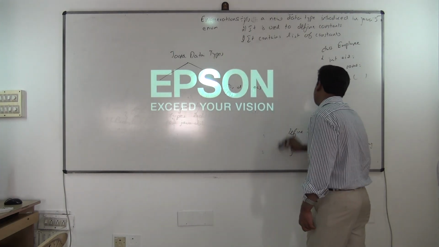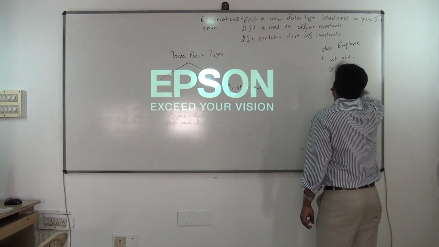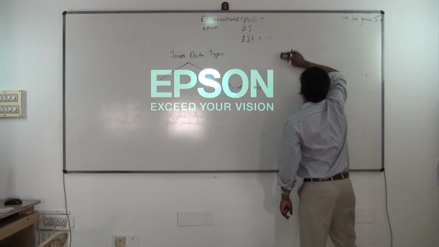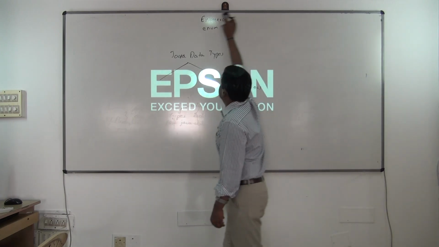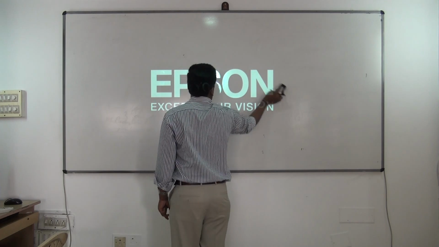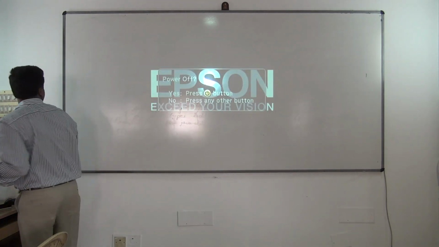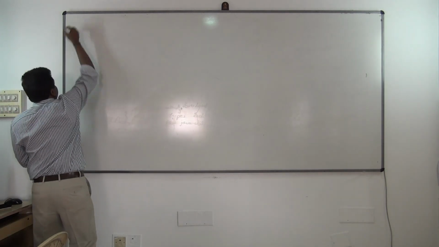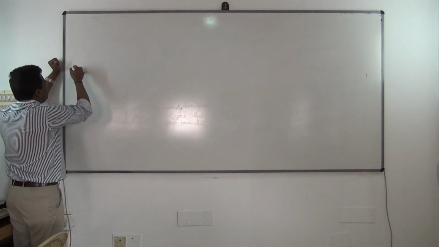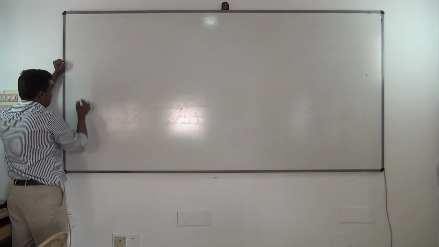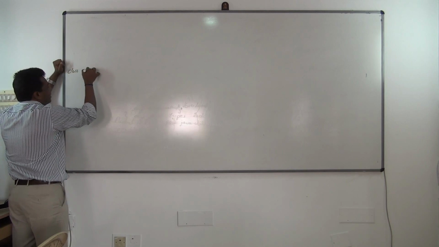So earlier to Java 5, let's see how you were defining constants. Supposing there is a class called Hello.